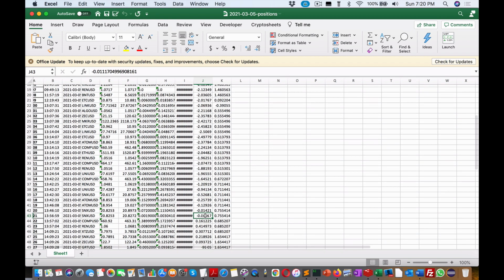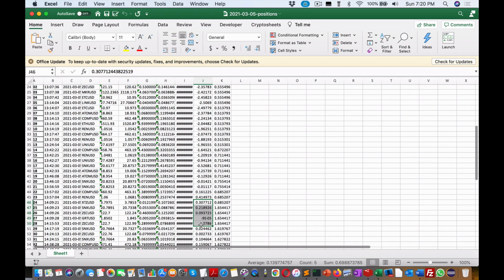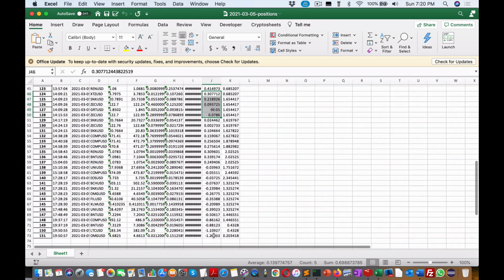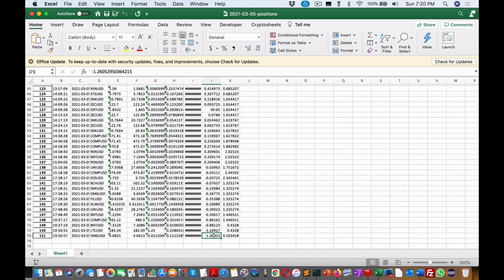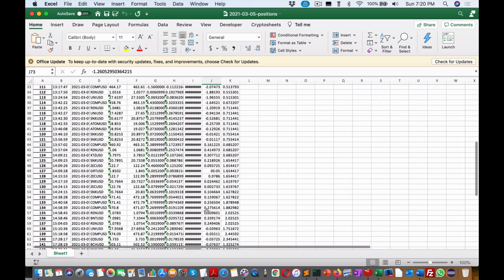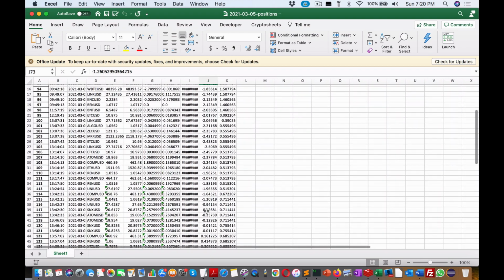Guess what? Just by luck, or we call it probability, at 13:56, we started to go profit again. So we close out the day at negative 0.12%. Anywhere along here, we could have easily stopped trading for the day.